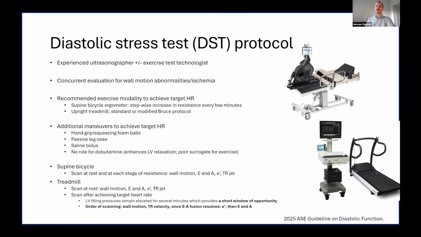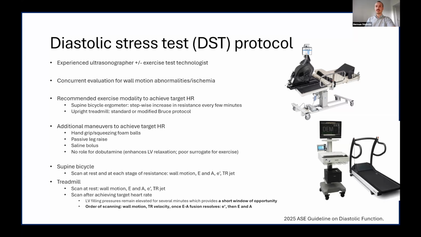Right after the patient is reaching their target heart rate, we're going to ask the patient to quickly move to a nearby bed and lie on their side. There is thankfully a very small window of opportunity where LV pressures remain high for several minutes after exercise is over in the recovery phase. So we're able to quickly get the parameters we need.